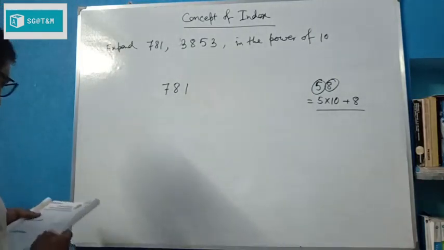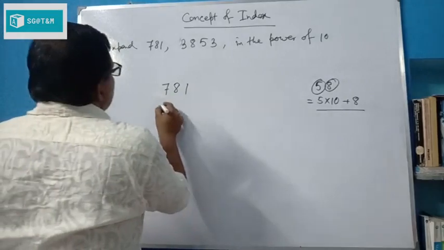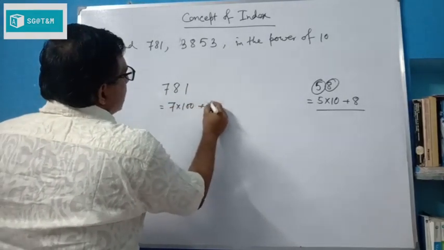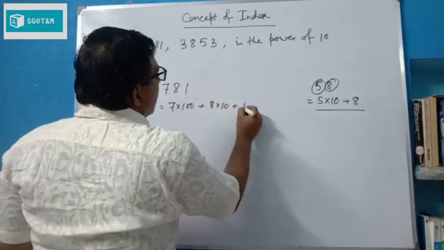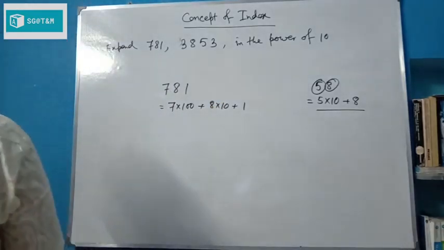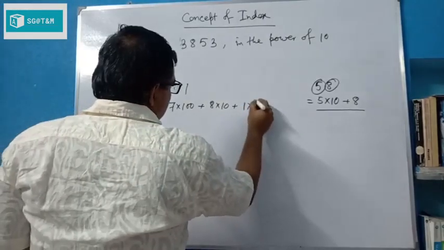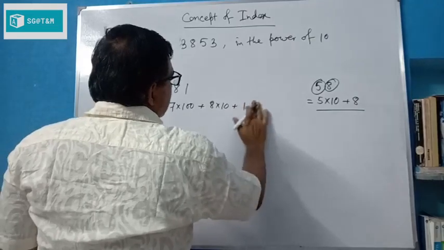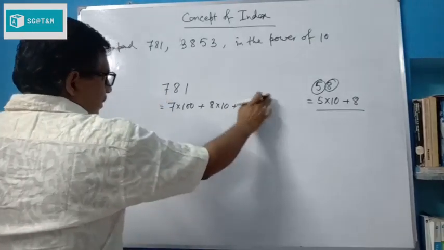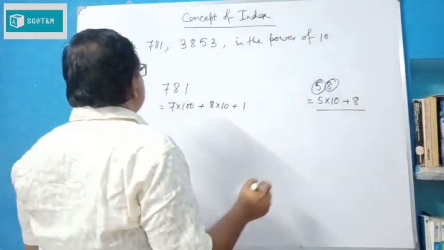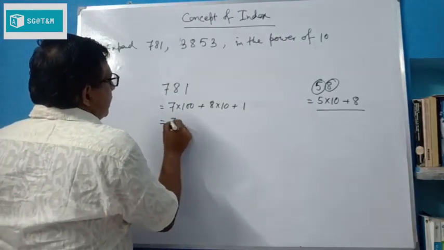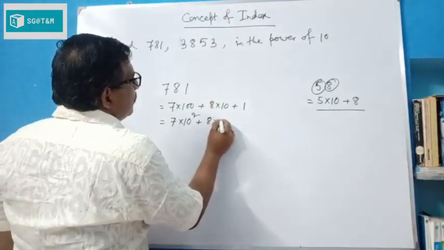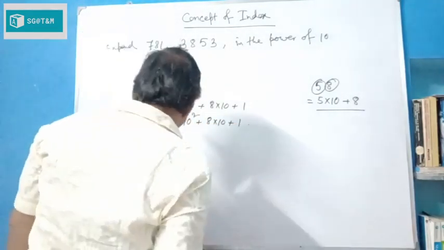So in extended form we write 7 into 100 plus 8 into 10 plus 1 into 10 to the power 0, which is 1, something to the power 0 is 1, we will discuss later on. So this can be put in this form: 7 into 10 square plus 8 into 10 plus 1.